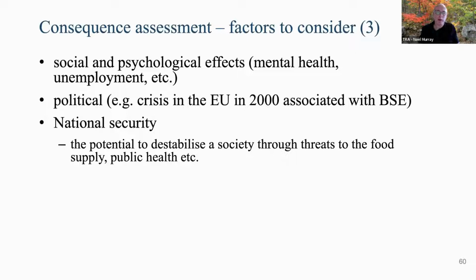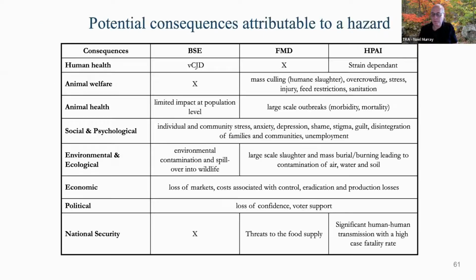There was a complete collapse of markets and loss of income for many people in the beef sector. And once again, an example there at the political level, the crisis in the European Union in 2000 associated with BSE. At a national security level, maybe there's potential to destabilize society through threats to the food supply or perhaps public health. So these are all legitimate factors to consider in our consequence assessment.